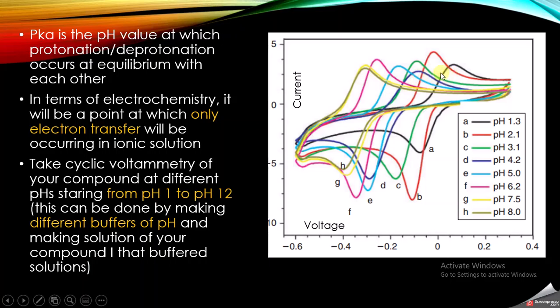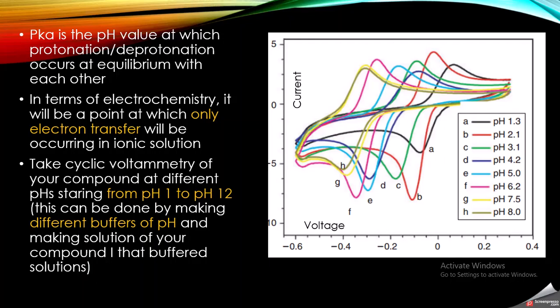As you change the pH, the peak position as well as the current intensities change. This change is because at different pH values there is a different number of protons involved in the redox process of that compound.